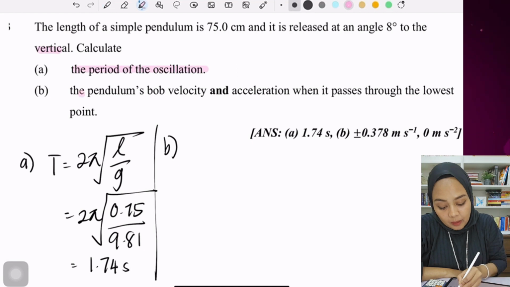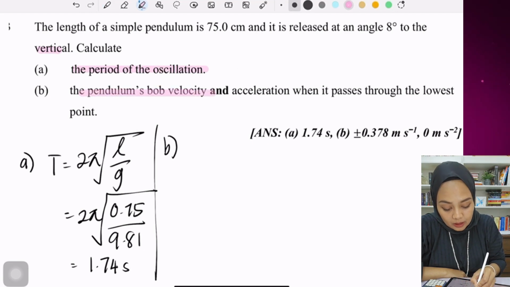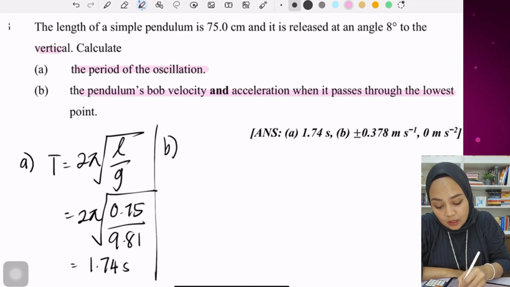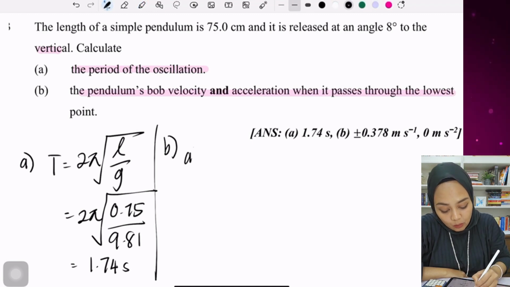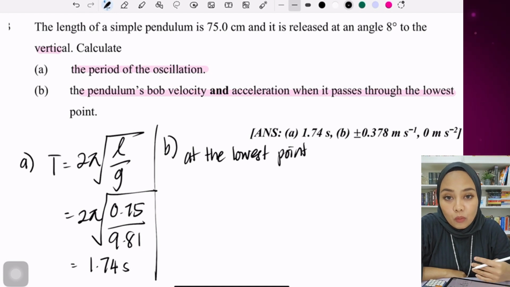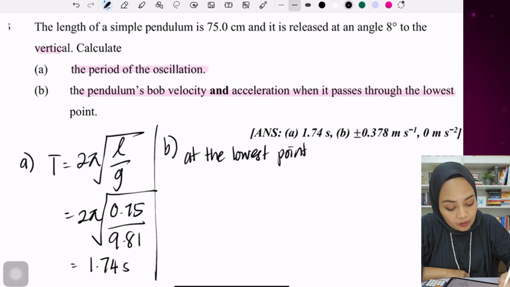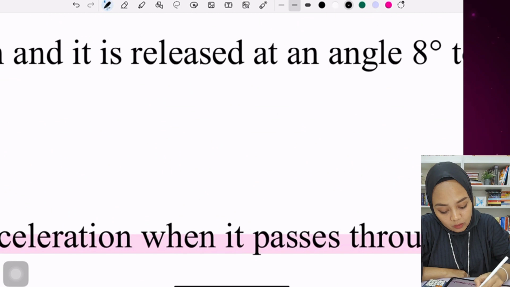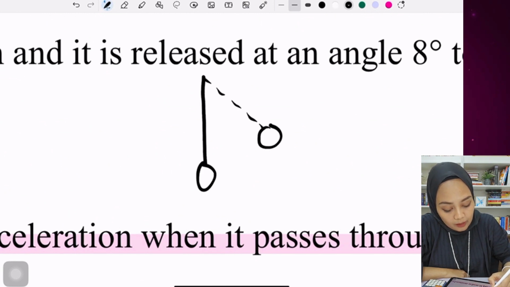Dia kata, the pendulum bob's velocity and acceleration when it passes through the lowest point. So we have to find at the lowest point. Now this is for pendulum. So in other words, at the bottom, let me go back to the sketching of pendulum. So we have, this is at the amplitude.